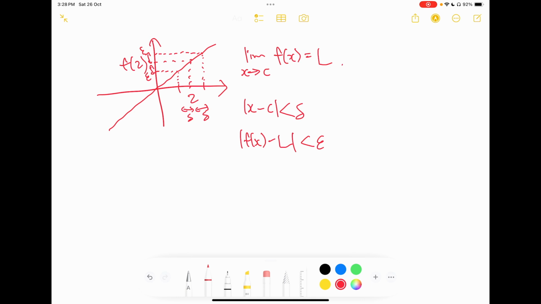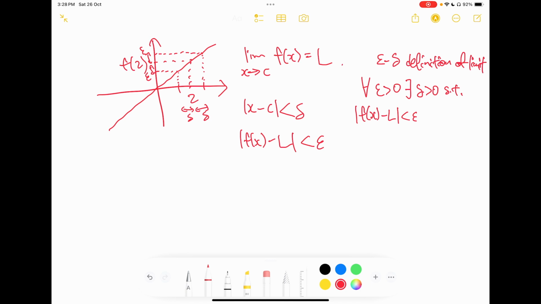So the formal definition of epsilon delta would be: for all epsilon that's greater than 0, because distances are supposed to be greater than 0, there exists a delta that's greater than 0, such that when the distance between the input and the target value is less than delta, the distance between the output and the limit is less than epsilon.